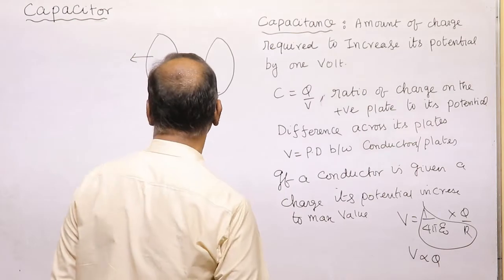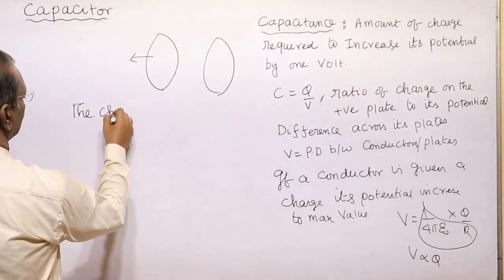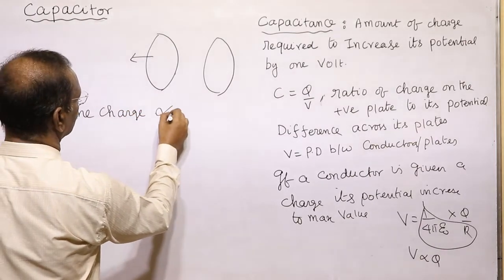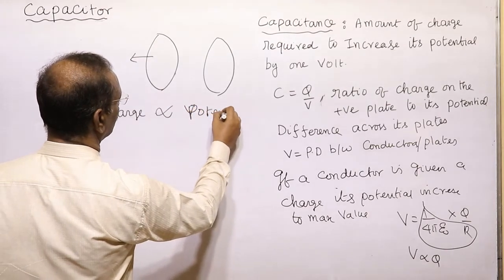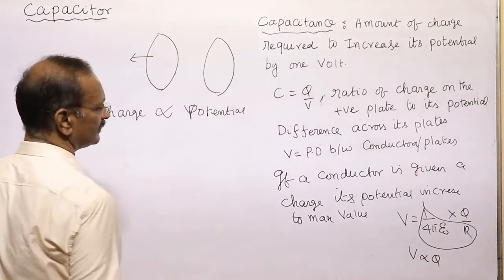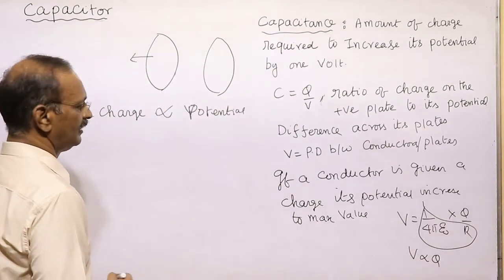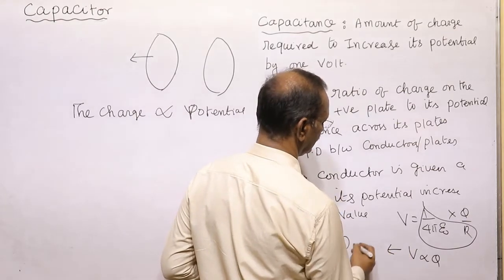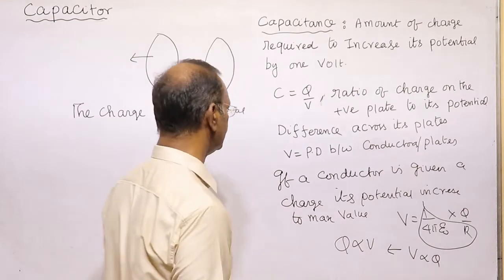The more charge is given, the more the potential. So charge is proportional to voltage. How much one increases, the other increases that much.